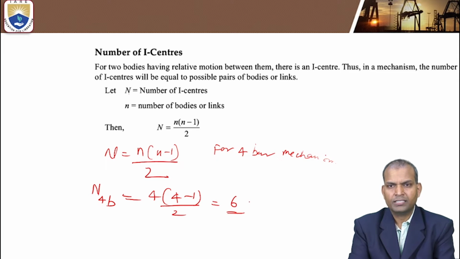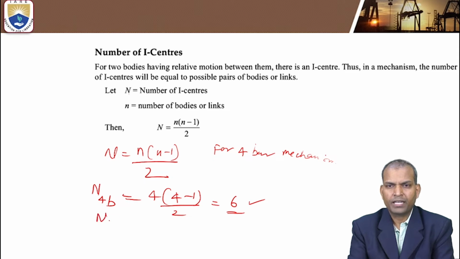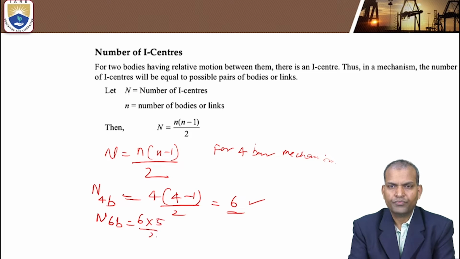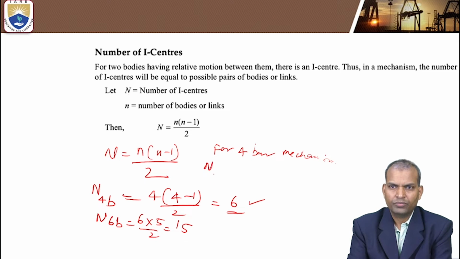The number of I centers for a 4 bar mechanism is 6. The number of I centers for a 6 bar mechanism is 6 into (6 minus 1) by 2, that is 15. And for a 5 bar mechanism, it is 5 into 4 by 2, which is 10.